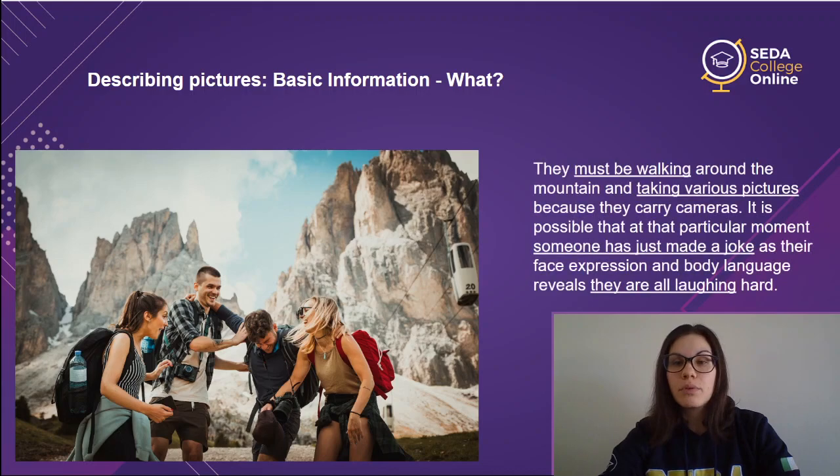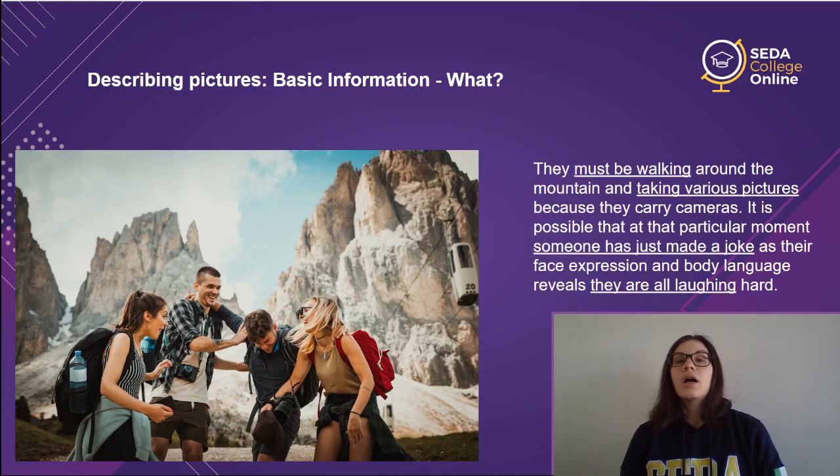Like my example. I have various actions here. They must be walking around the mountain and taking various pictures because they carry cameras. It is possible that at that particular moment, someone has just made a joke, as their face expression and body language reveals they are all laughing hard.